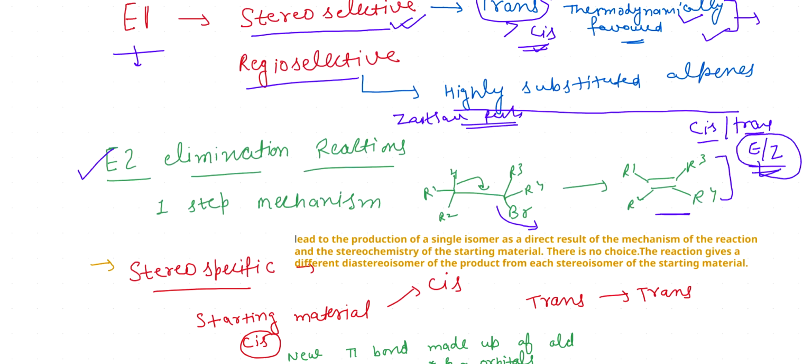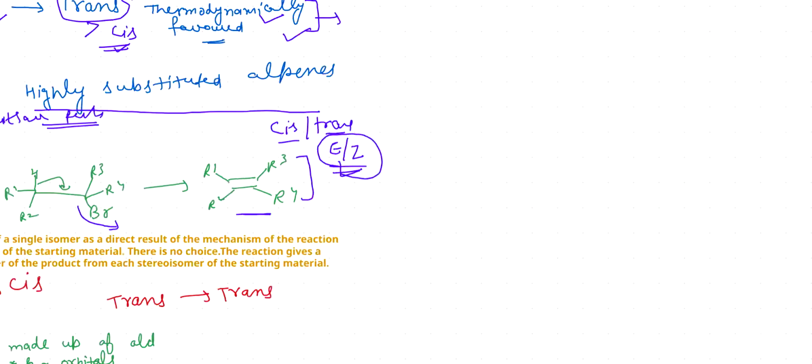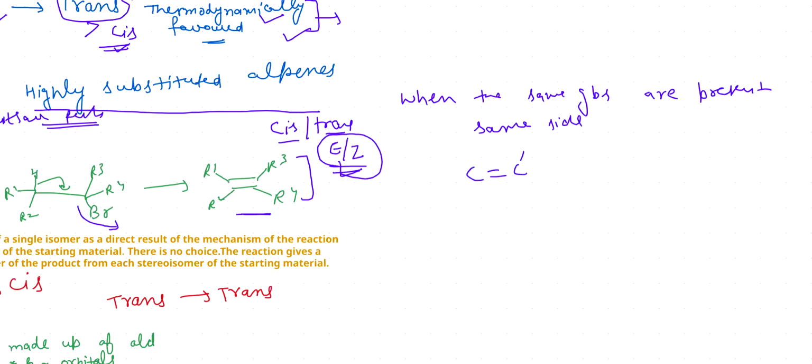When the same groups are present on the same side, like this, CH3, CH3, H, H, clear? Then we call this the cis configuration compound.